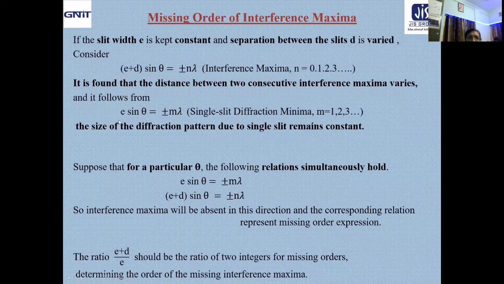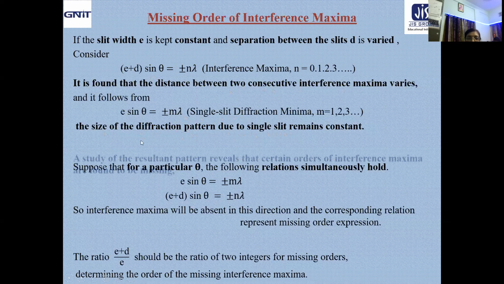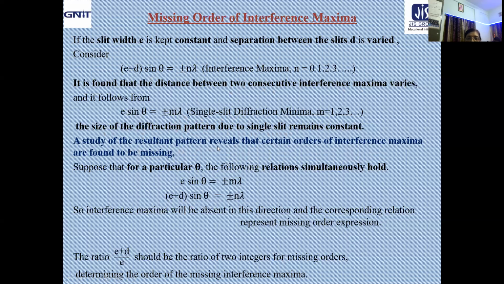And it follows from the single slit diffraction minima condition, that means e sine theta equal to plus minus m lambda, where m is the order of the diffraction minima, that the size of the diffraction pattern due to the single slit remains constant, but the distance between two consecutive interference maxima varies because d is varying. That means a study of the resultant pattern will reveal that certain orders of interference maxima will be missed out from the resultant diffraction pattern.